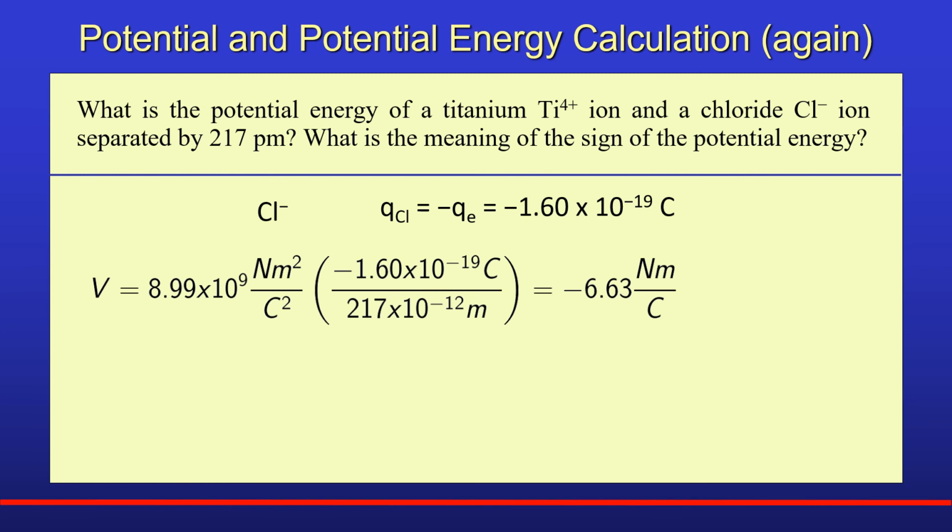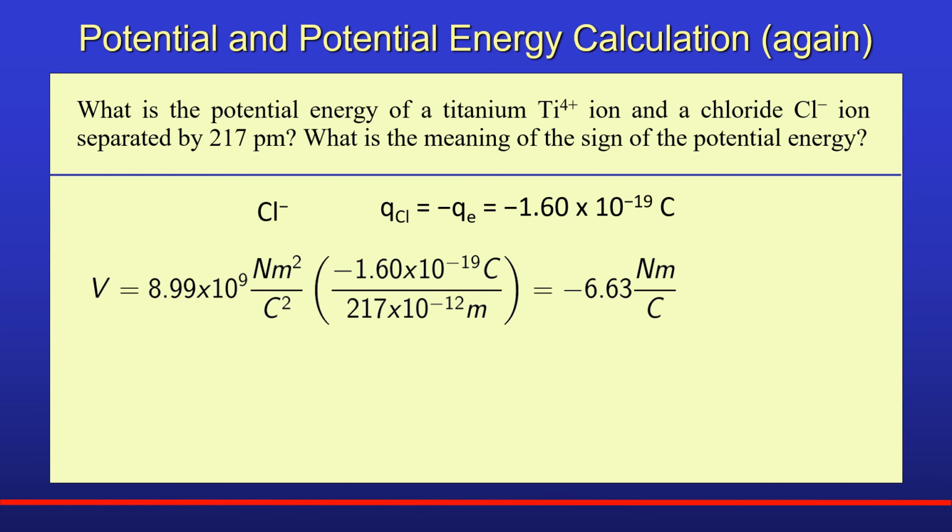So here's the potential. We have the Coulomb constant. We have the charge of the chloride, the minus 1.6 times 10 to the minus 19 coulomb divided by 217 picometers. That's 217 times 10 to the minus 12 meters. The result is minus 6.63 Newton meter per coulomb.